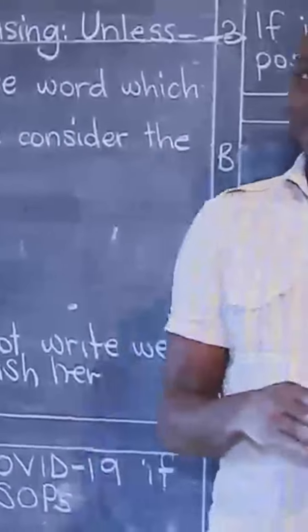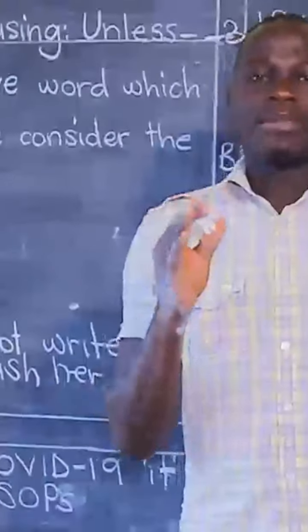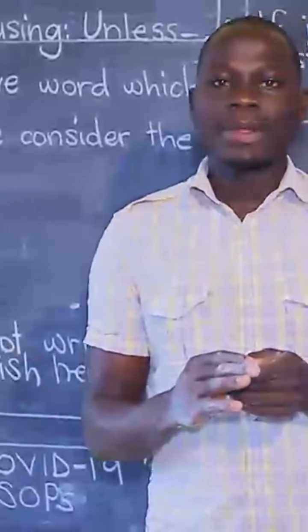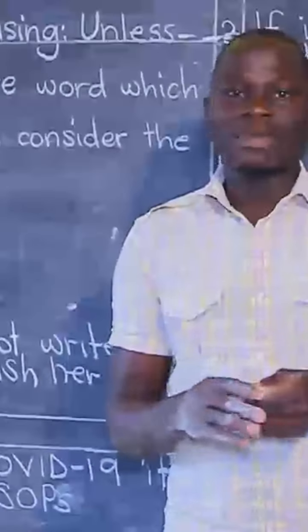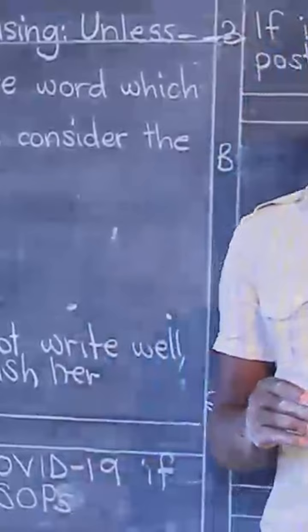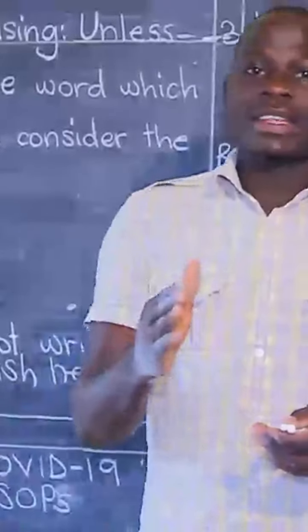We also moved ahead and looked at the impossibilities. Those sentences which express impossibilities, where we said when you're expressing impossibility, you use were, not was.